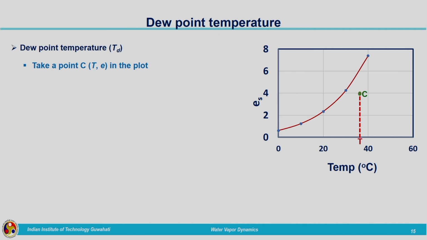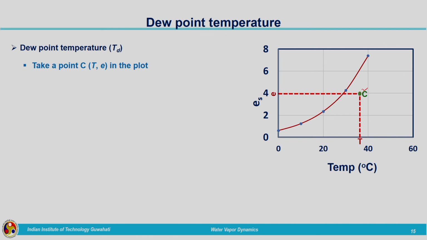We can represent that by T. And corresponding to T, what will be the ordinate? This is E. This particular point C is represented by a particular temperature T, and corresponding to that we have a vapor pressure E. But that value E is not the saturation vapor pressure.